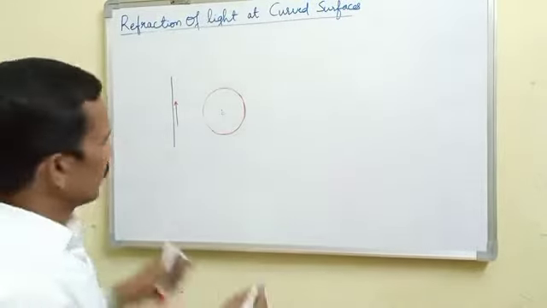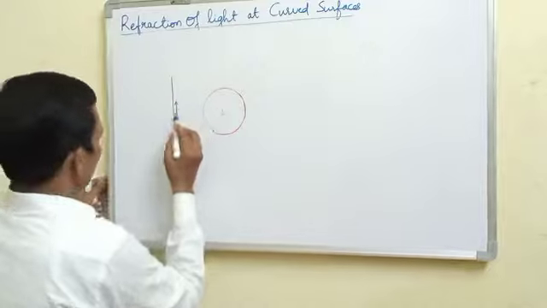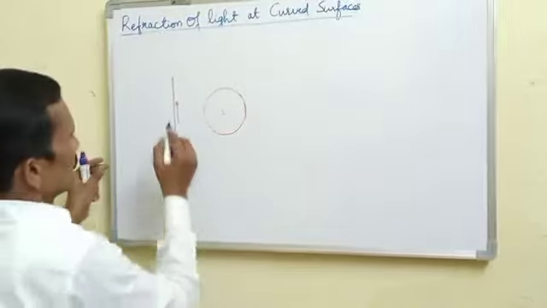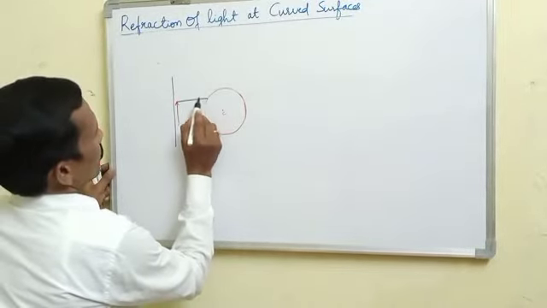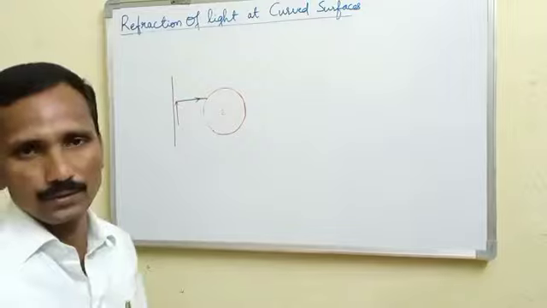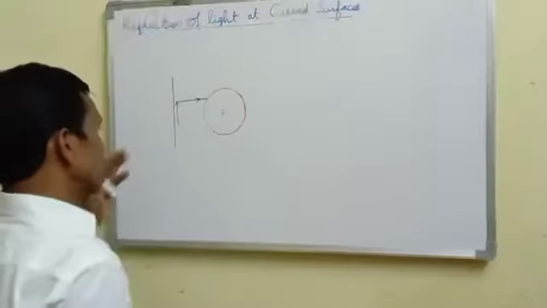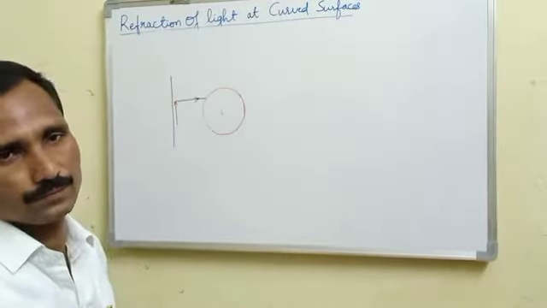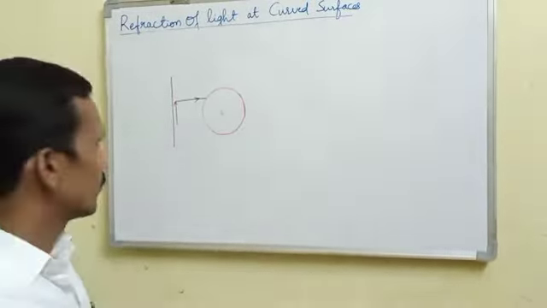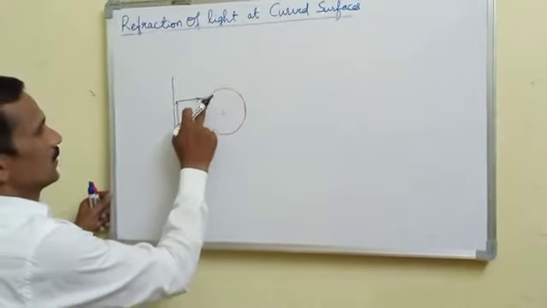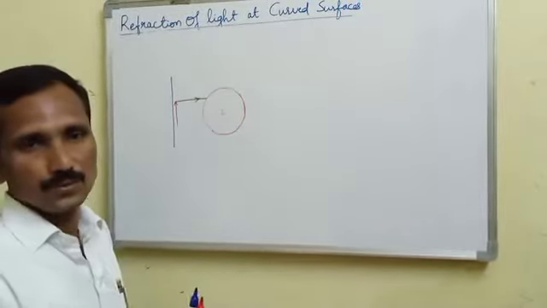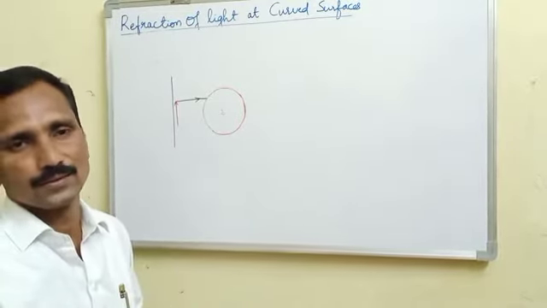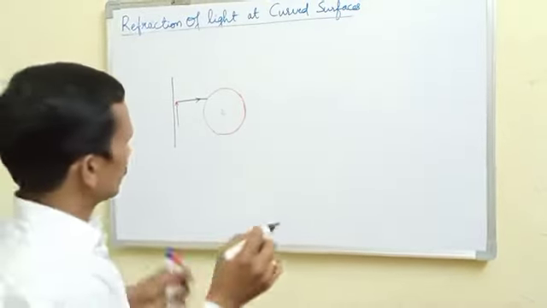Now let us assume a ray from the top of the arrow coming and striking which surface? The convex surface. Here it is air, and it is glass. So glass is the denser medium. When it enters the glass, there is a little bit of bending towards the normal.